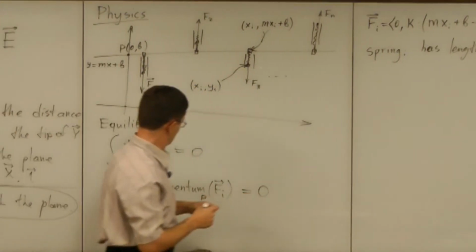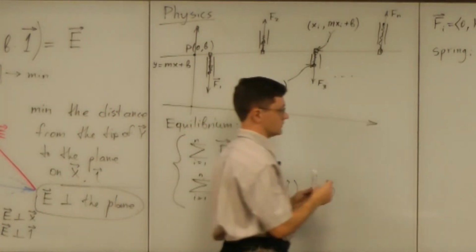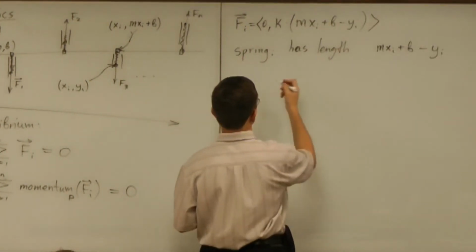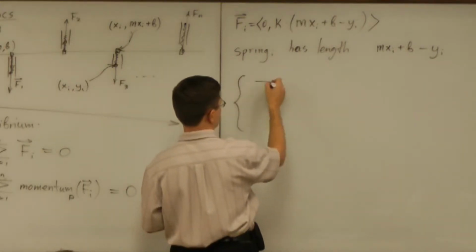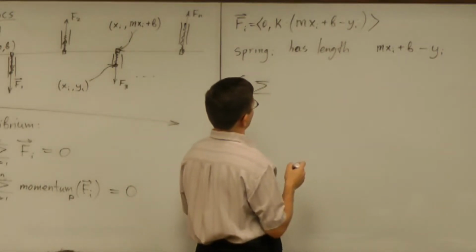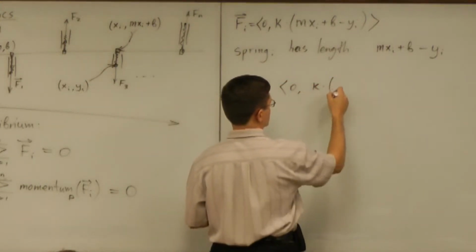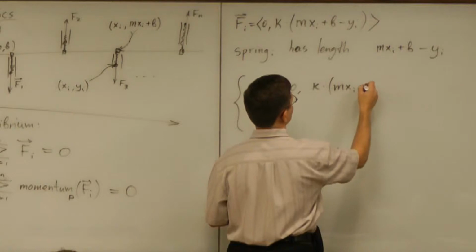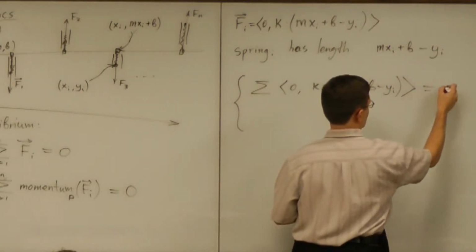And then I can now make the first equation. The net force equals 0. That equation says that the sum of all those vectors 0 and k times mxi plus b minus yi must be 0.